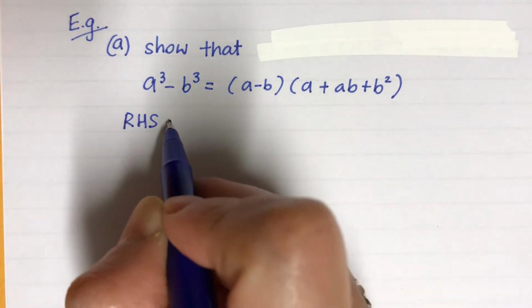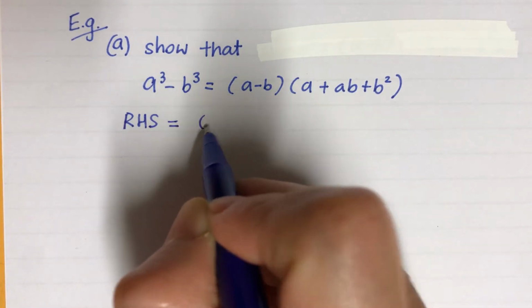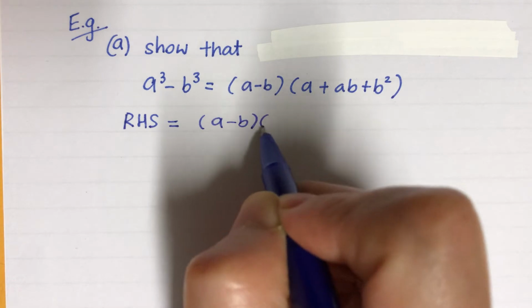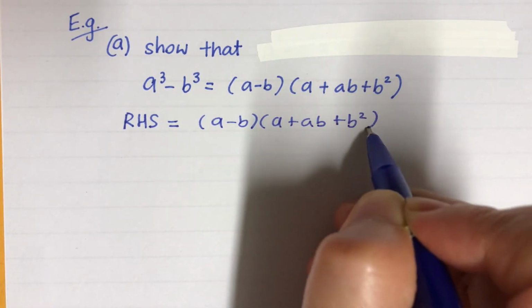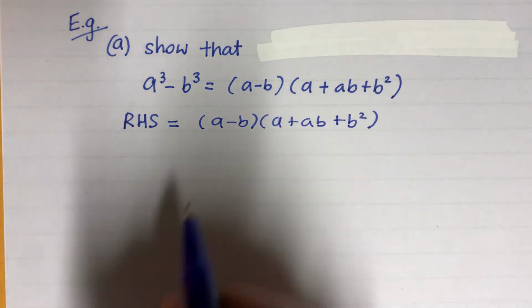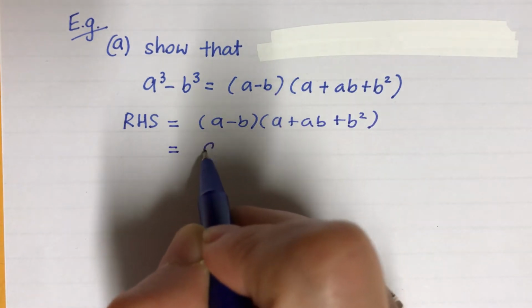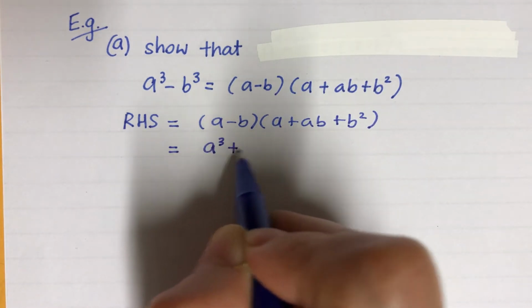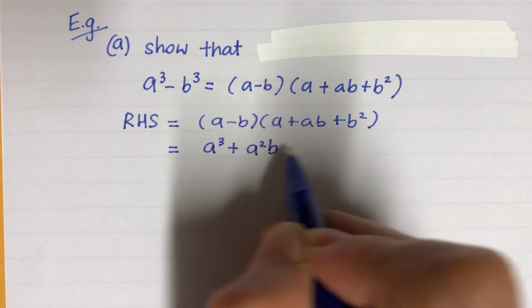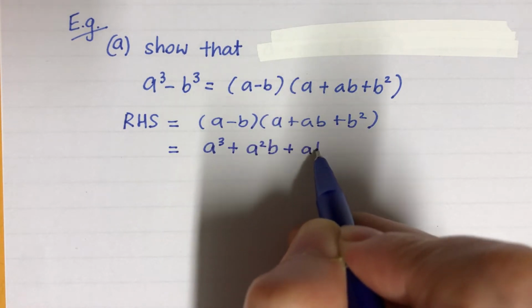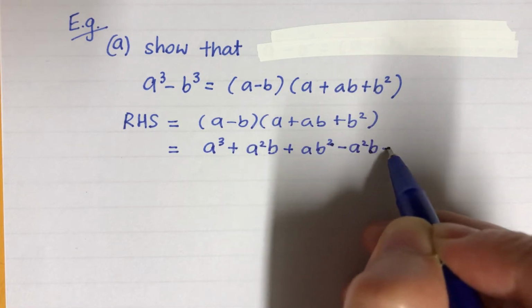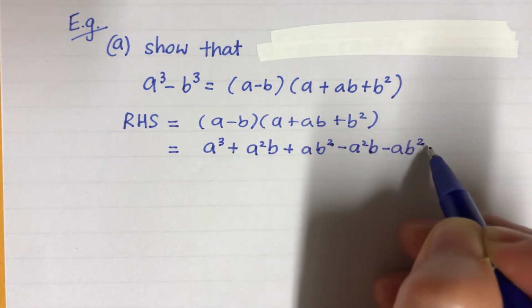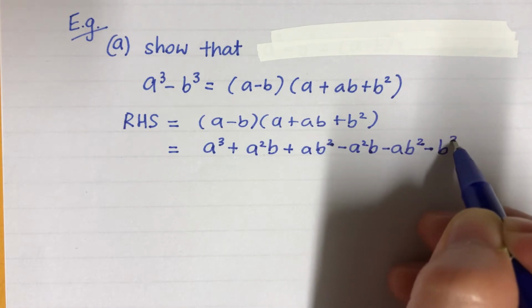Okay, so what I've got on the right hand side is (a minus b)(a squared plus ab plus b squared). I'm going to expand this one. I will get a cubed plus a squared b plus ab squared minus a squared b minus ab squared minus b cubed.